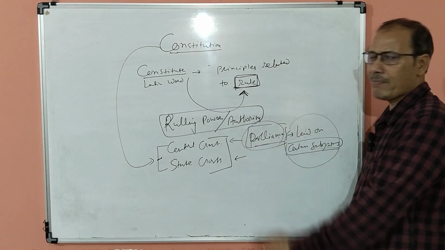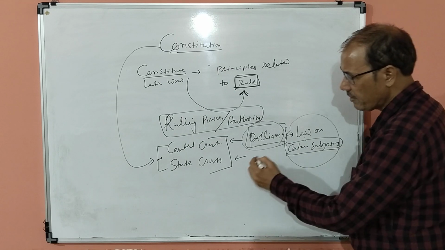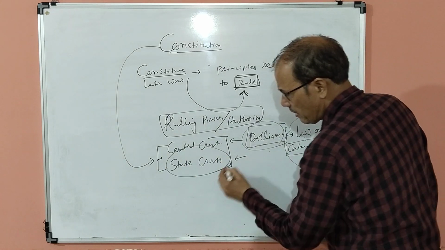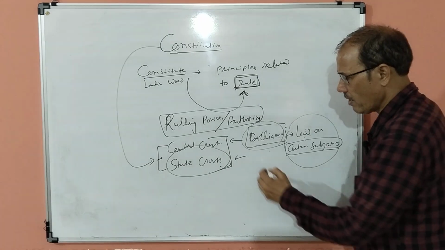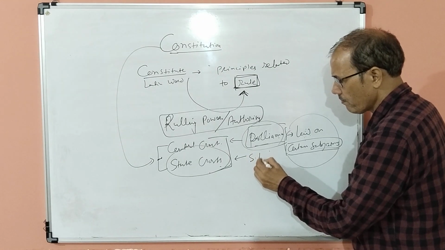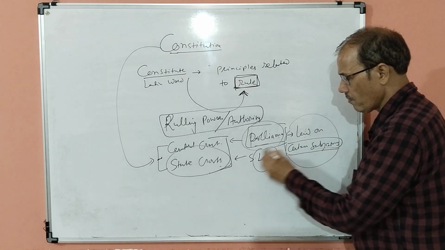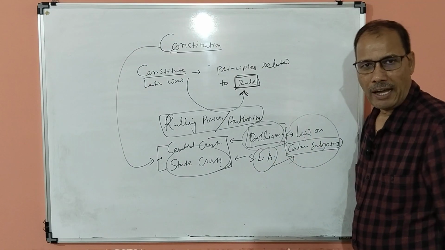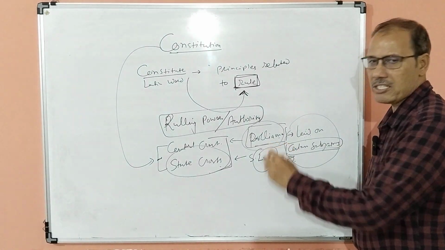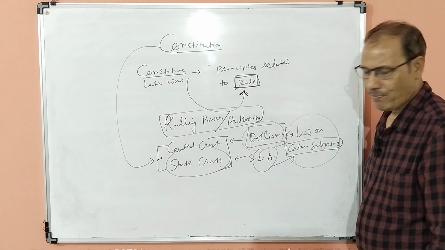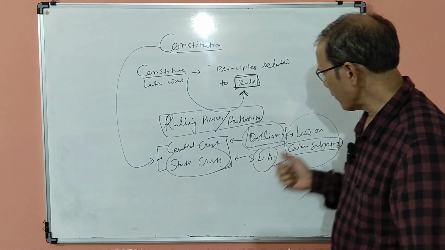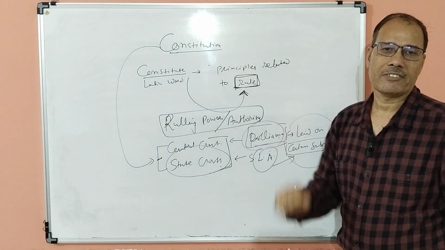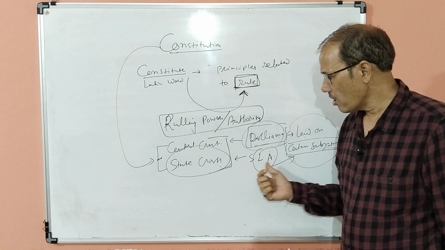Which one? The Parliament. And similarly, if the same power is inherited by the state legislative assembly, then the law framed by the legislative assembly, Vidhan Sabha, also has similar constitutionality, since the constitution is there behind it.